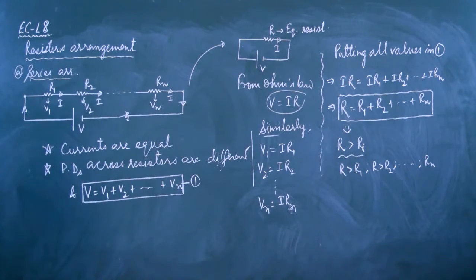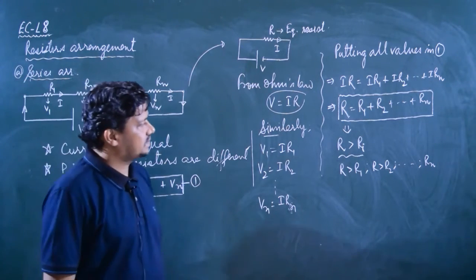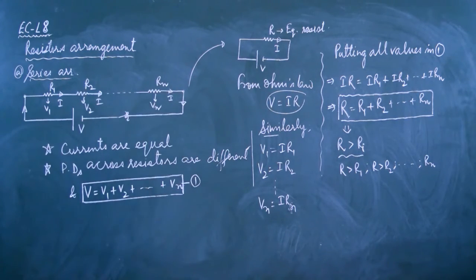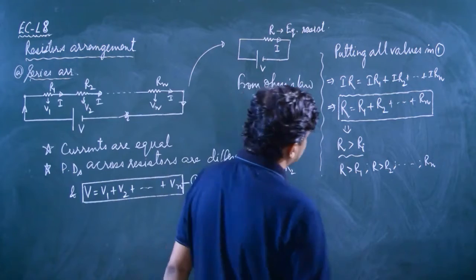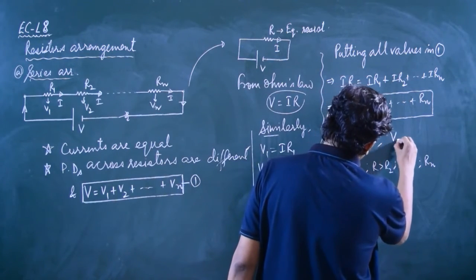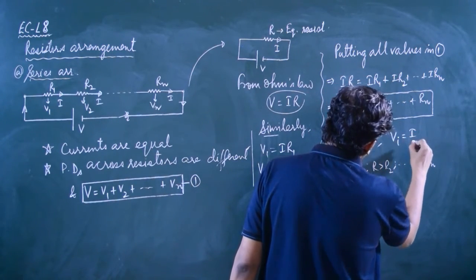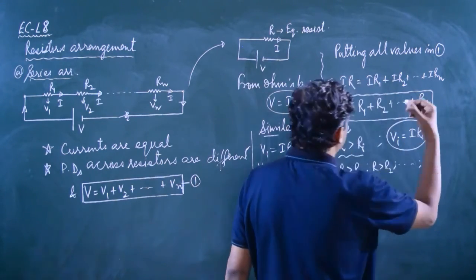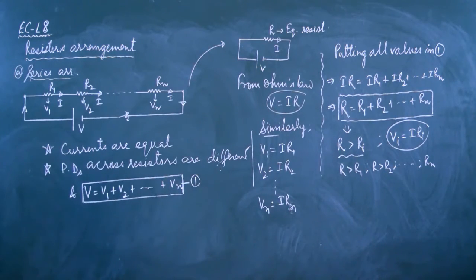So this one is the series arrangement. And V is directly proportional to R. Okay. So across any resistor, the potential drop is what? Vi is equal to I into Ri, like V1 is equal to IR1, V2 is equal to IR2 and so on. Okay.